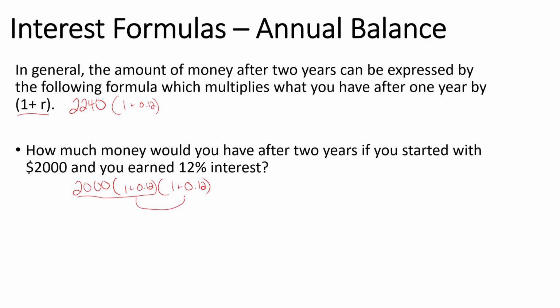The second time I multiply by 1.12, we're going to get the amount of balance I have after 2 years. And so that ends up with $2,508.80.